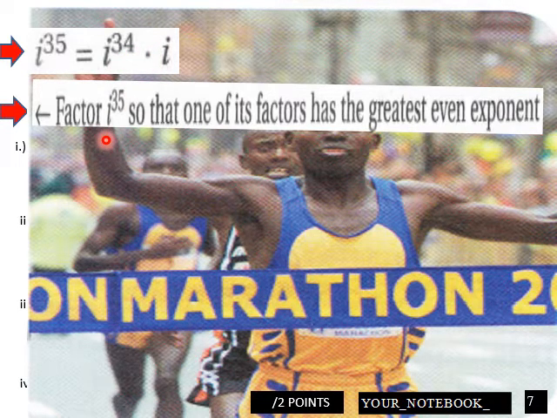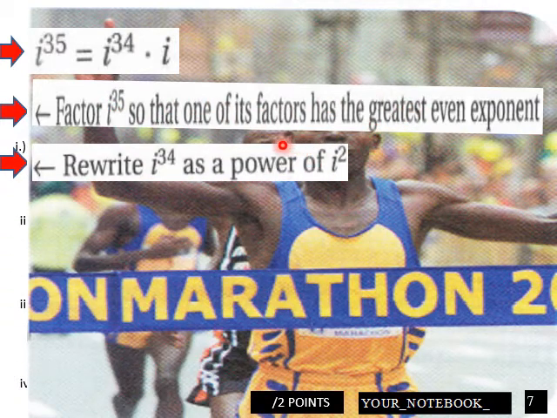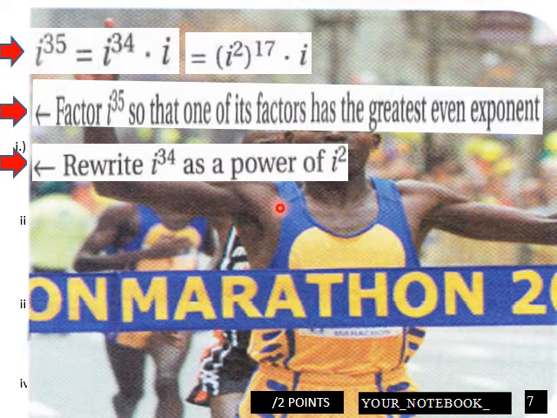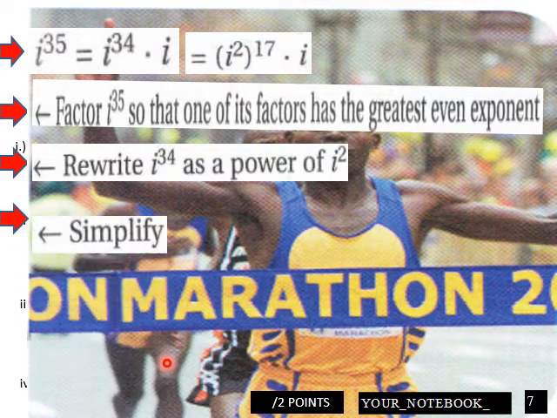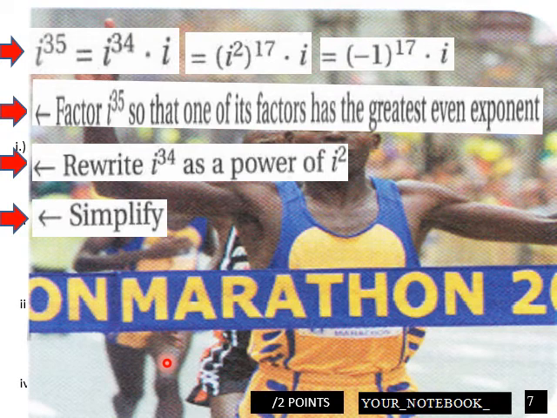Factor out from i to the 35th so that one of its factors has the greatest even exponent. Then rewrite i to the 34th as a power of i squared. i squared to the 17th power times i would be the same expression. And then this is negative 1 to the 17th power times i, which would be negative i, because it's negative 1 to an odd power.